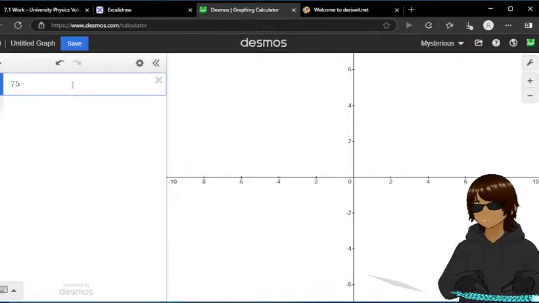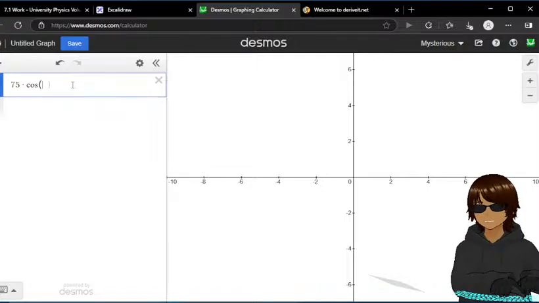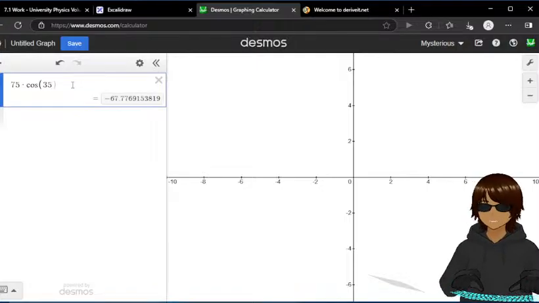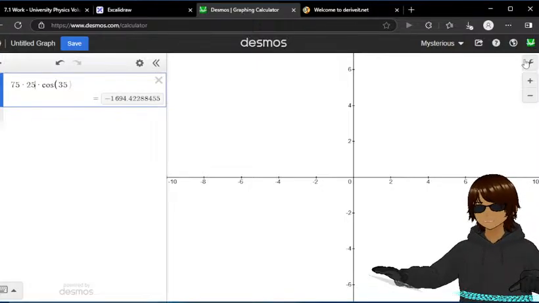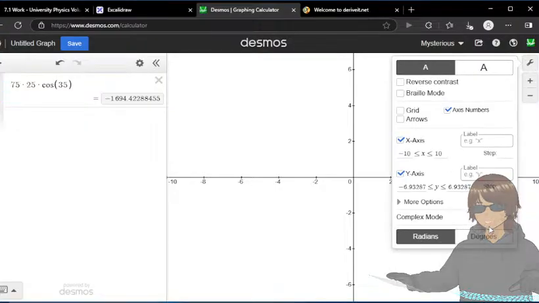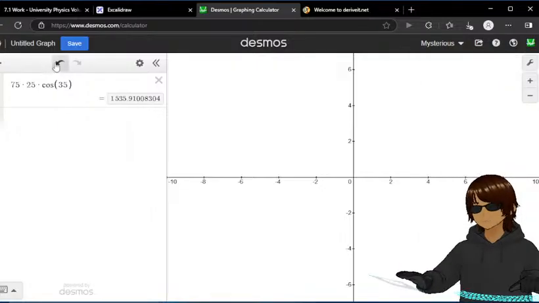75 cos 35 times 25. And this cos, is it in radians? It should be in degrees. We have 1535.